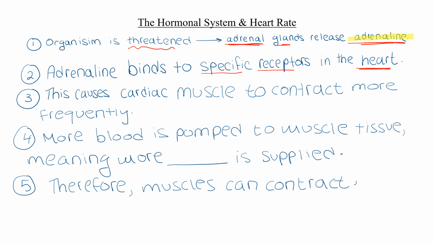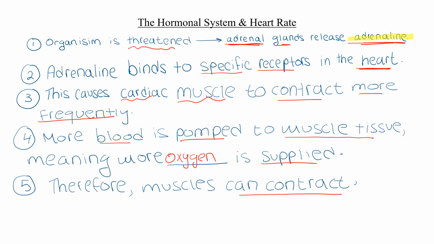So this causes the cardiac muscle to contract more frequently. This means that more blood is pumped to muscle tissue, meaning that more oxygen is supplied to the muscles. Therefore, muscles can contract and this organism can run away from danger.